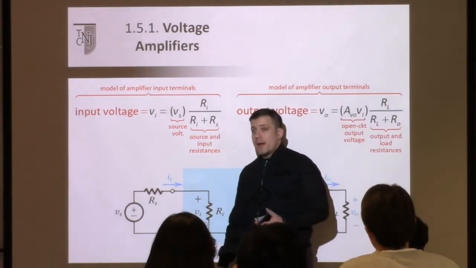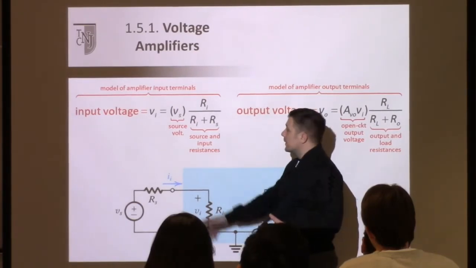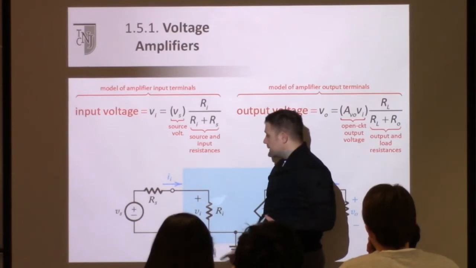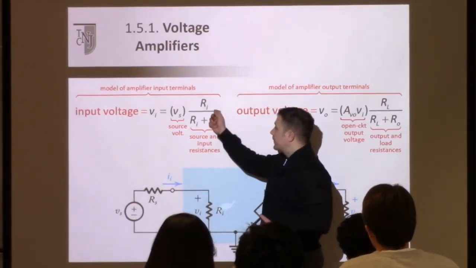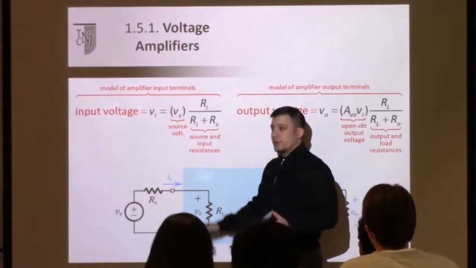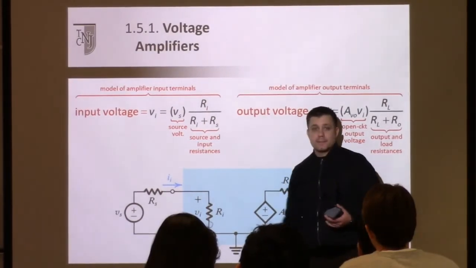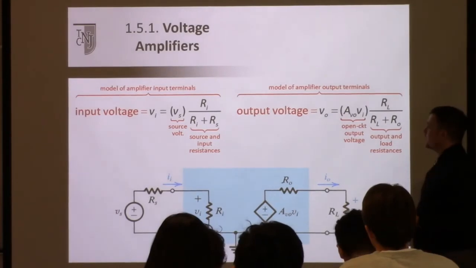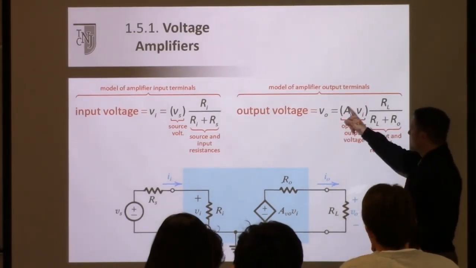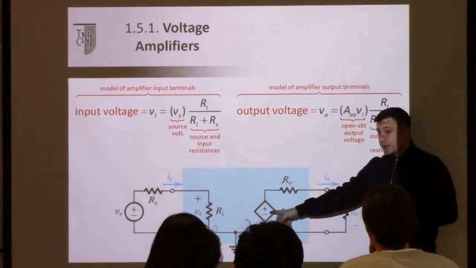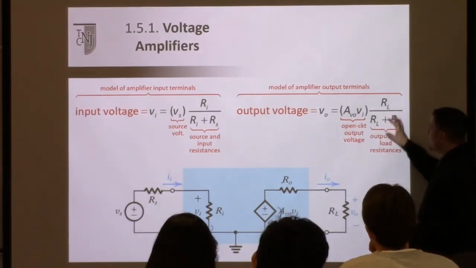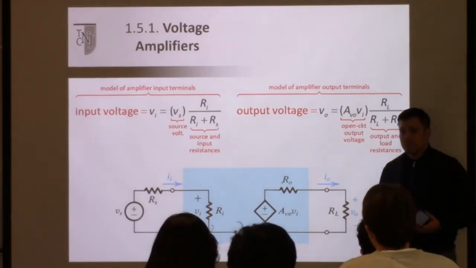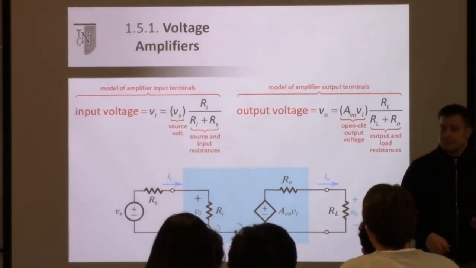So we can do this quickly. What's the mathematical model for this left-hand side? Vi, which is over here, will be equal to Ri divided by the sum of these two together, times whatever the source is. So voltage divider, left-hand side. Right-hand side, again, voltage divider. Vout is equal to the source, which is a dependent source, times RL over Ro plus RL. Again, voltage divider. How do we combine these two together?